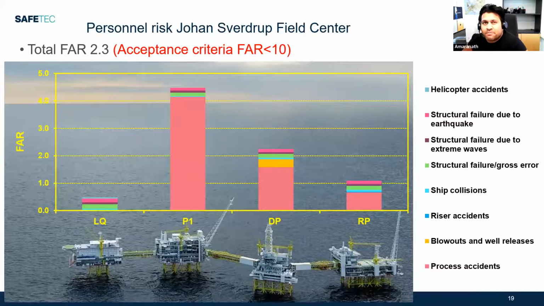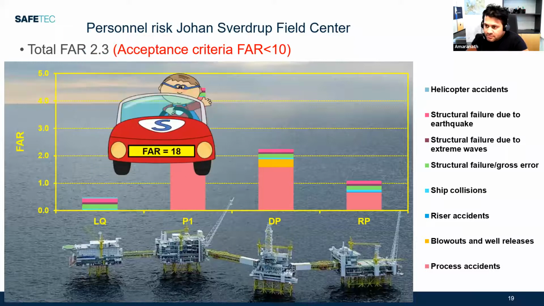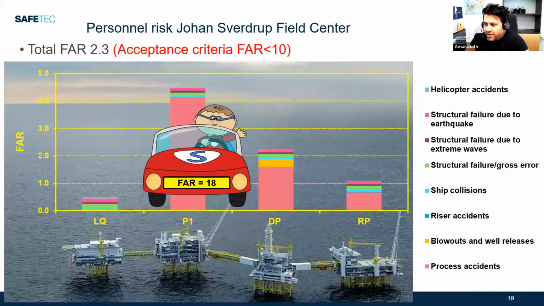But to make more sense of this, we need to compare it with real-life experience or the day-to-day activities that we do. So if you drive a car in Norway, you have a FAR value of 18. But I'm sure that if you drive a car in Sri Lanka, this can be quite high because of all the accidents that we observe in Sri Lanka due to poor traffic and the road rules that we follow.